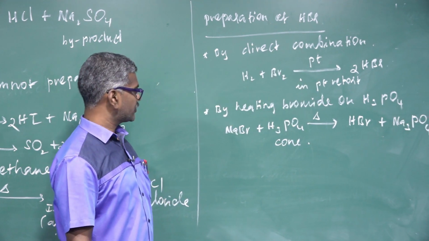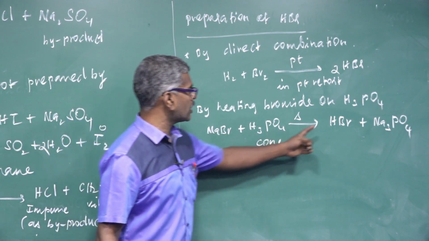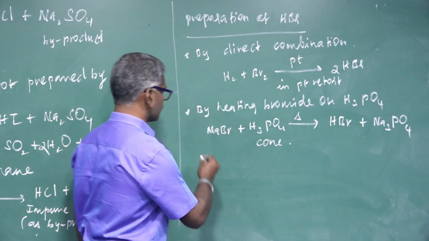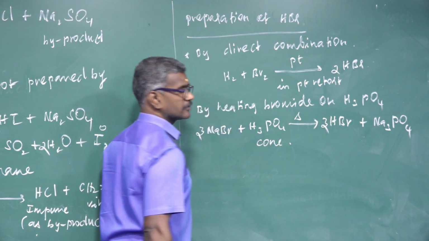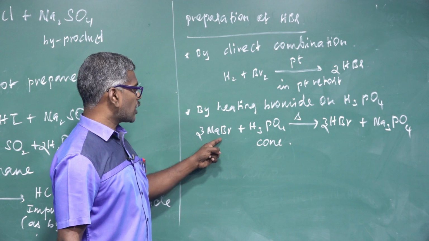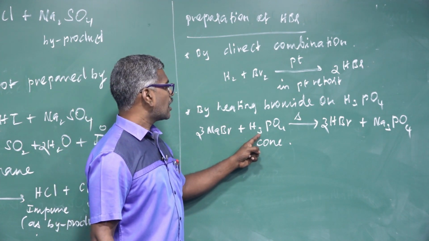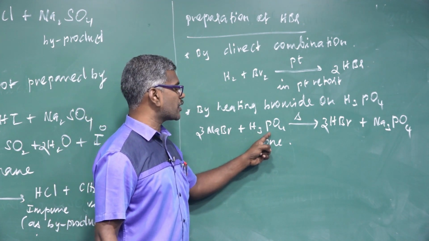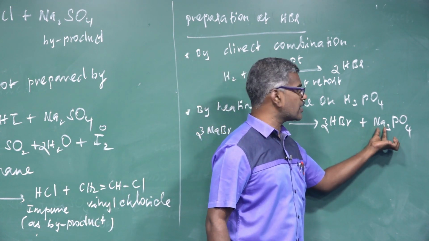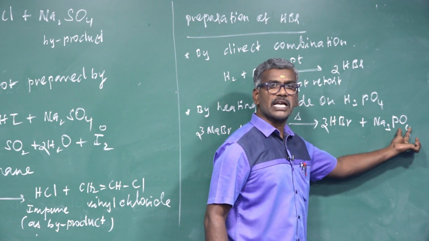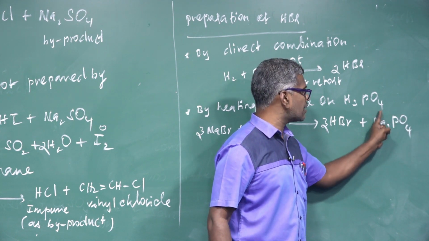Balance the equation: common Br, 1 Br, here 1 Br. Common sodium, 3 sodium, so 3 times, 3 Br, 3 hydrogen, 3 times. Sodium bromide reacts with concentrated orthophosphoric acid to form HBr and sodium phosphate. Here sodium valency is plus 1, phosphate valency is minus 3, so cross multiplication.